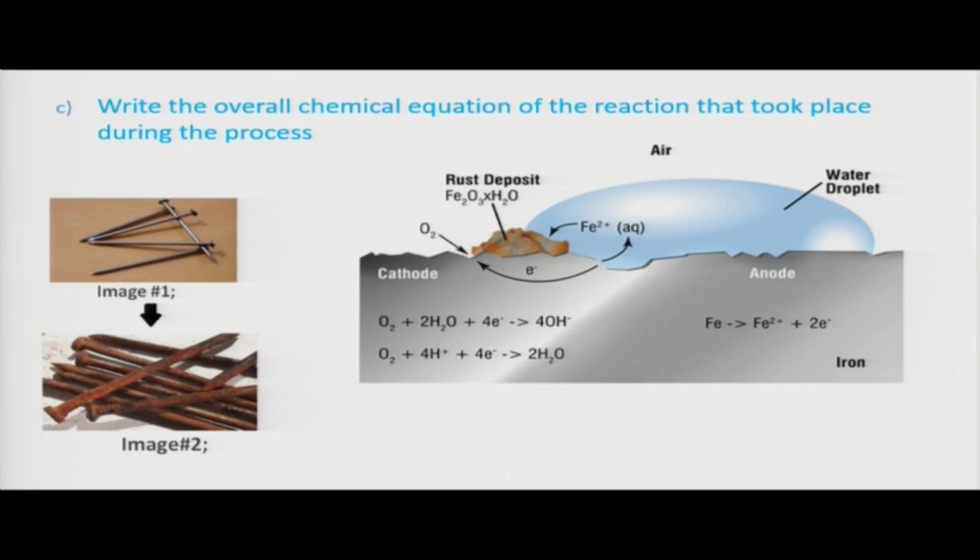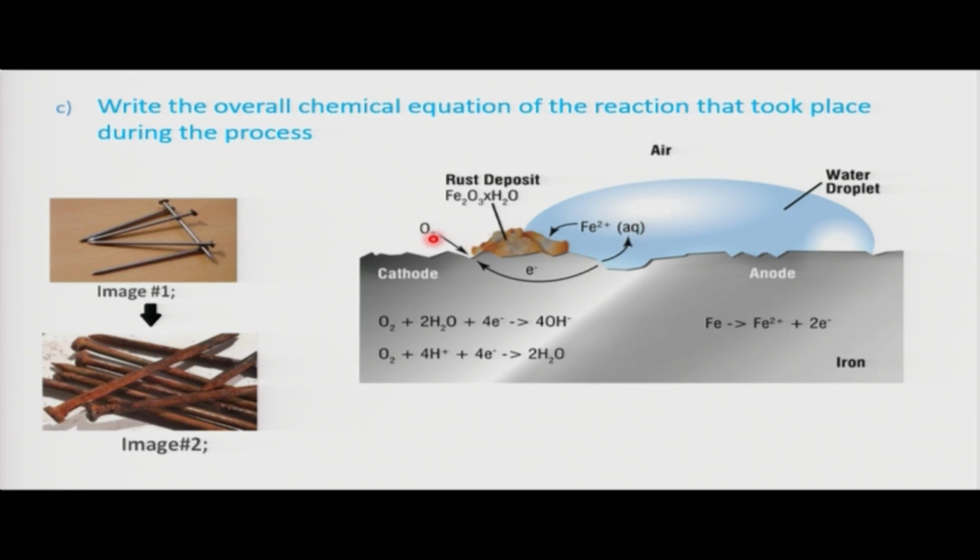What do you notice? So, as we said, for rusting to occur, we need water, we need a metal which is made up of iron. So what exactly happens is iron loses electrons, which we call the anode side. It loses electrons to form cations or ions, which dissolve in water.